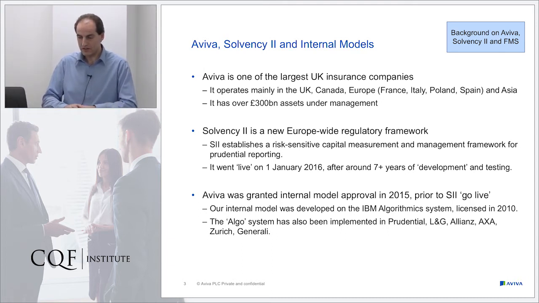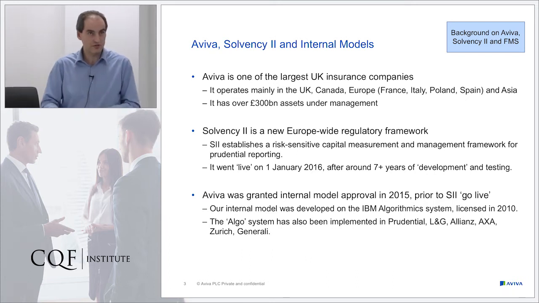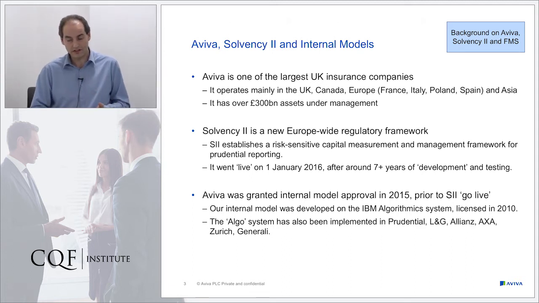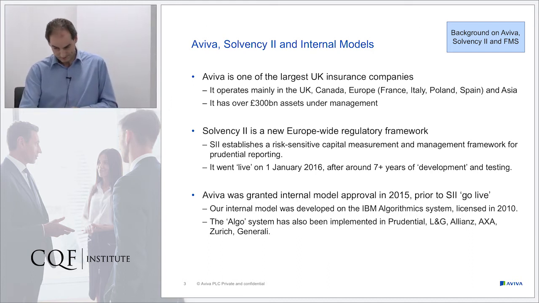It's a banking system that's been used for many years. We licensed it, and a number of other companies licensed it, and it's got a very prodigious user base in the insurance Solvency II world: the big multinationals, and in the UK, Prudential, L&G, Allianz, the largest insurance company in the world, AXA, Zurich, Generali, to name a few.